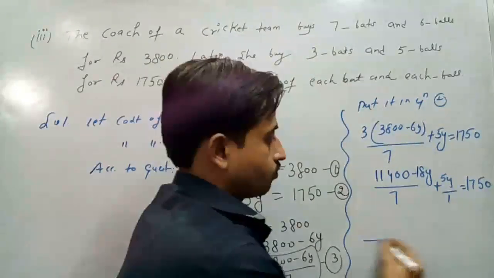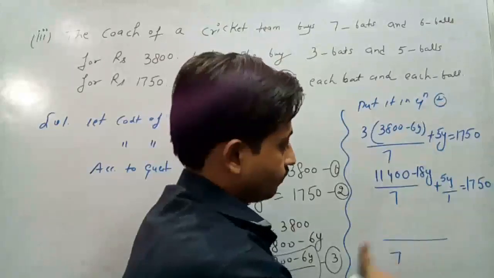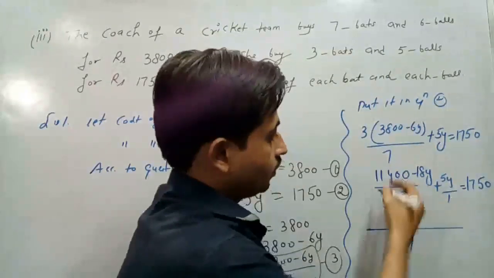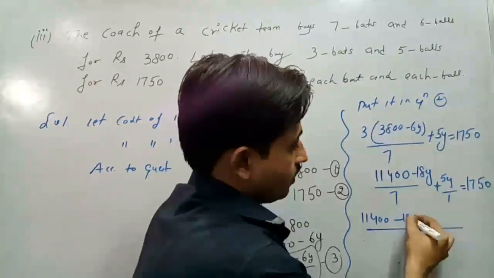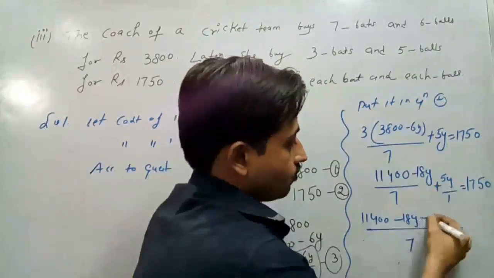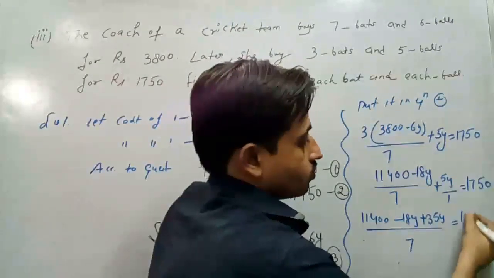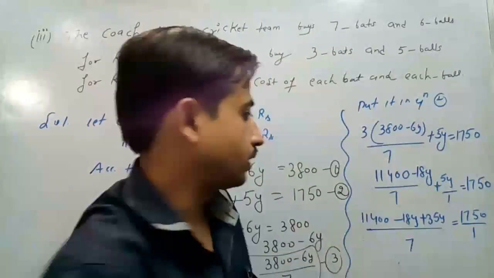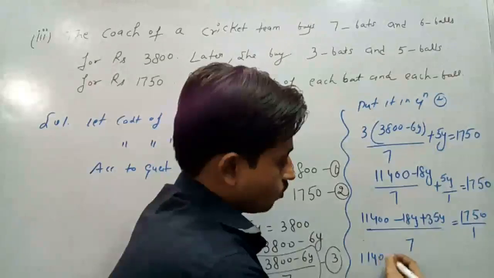What's the LCM of this? 7. Now multiply. 1 into this we get 11400 minus 18y, and 7 into 5 we get 35y, which is equal to 1750 divided by 1. Now cross multiply. If we multiply it with 1, we get 11400.